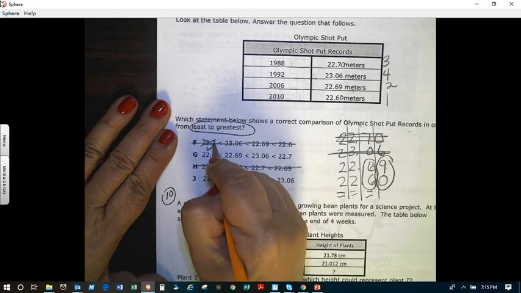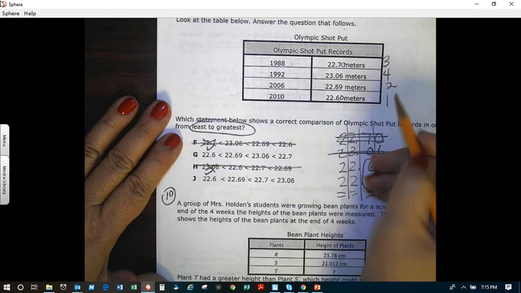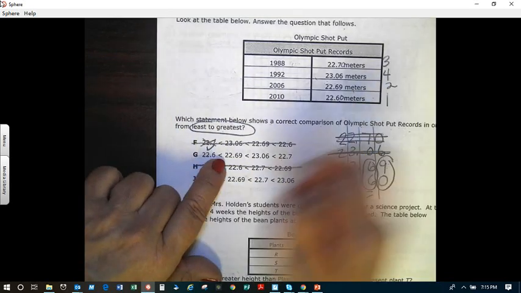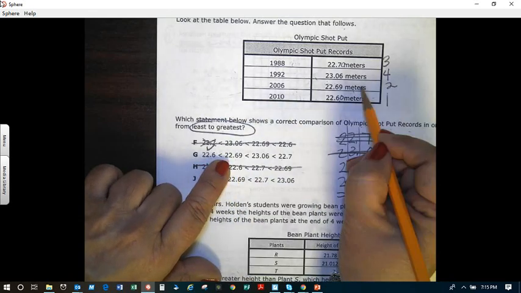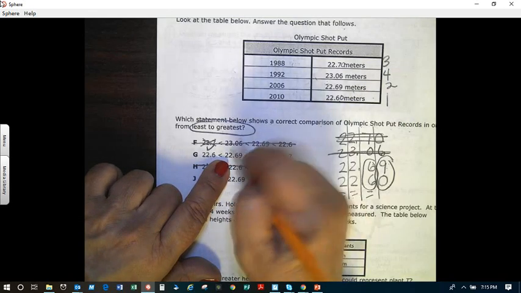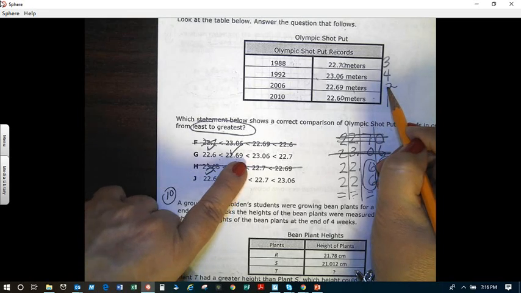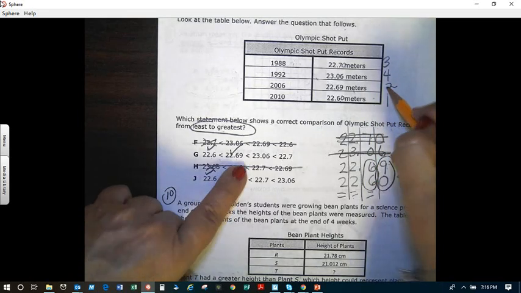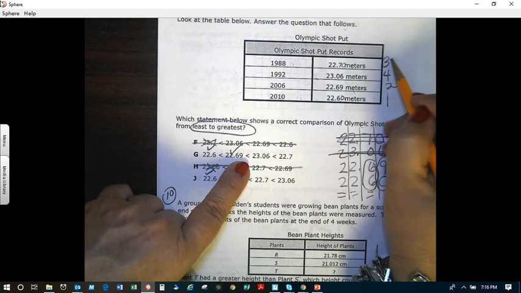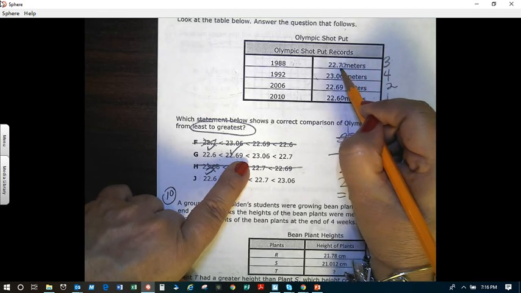So this is right and this is right. The next one, it is less than 22 and 6900. So this is correct and this is correct. Now, 22 and 6900 is less than 22 and 7/10 or 70/100.